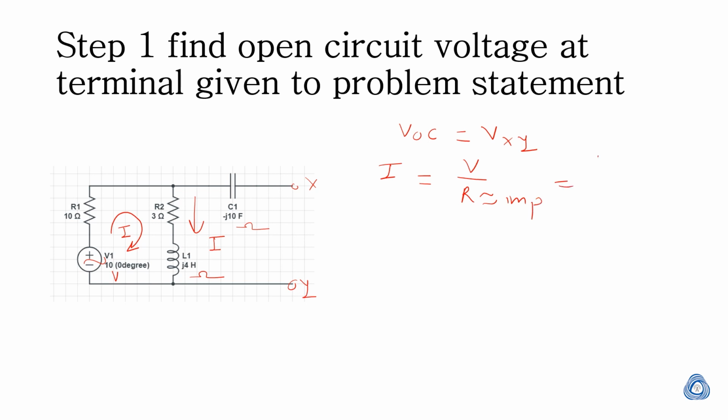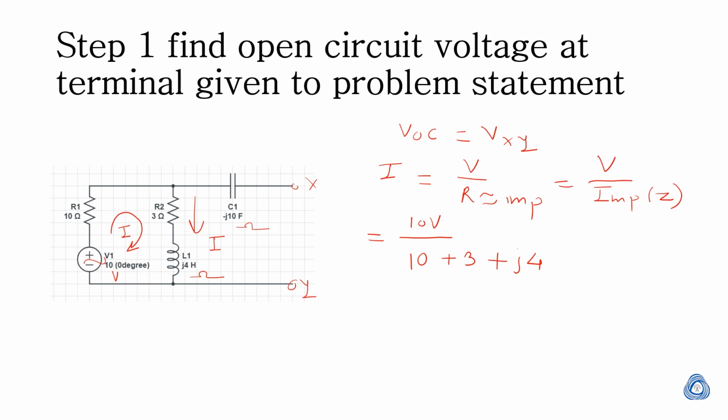So my formula is voltage divided by impedance, Z. Here the voltage is only 10 volt and my impedance is 10 plus 3 ohm plus 4j.